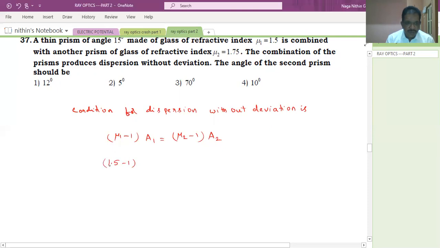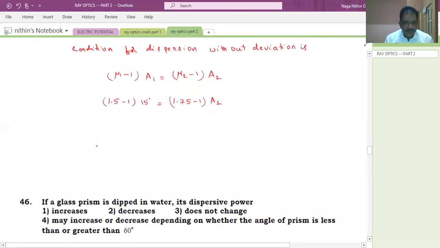1.5 minus 1 into 15 is equal to 1.75 minus 1 into A2. Okay. So this value A2 is equal to 0.5 into 15 by 0.75.